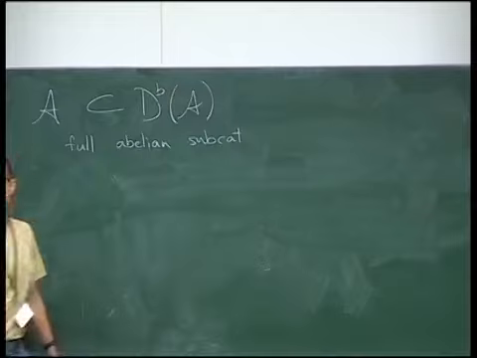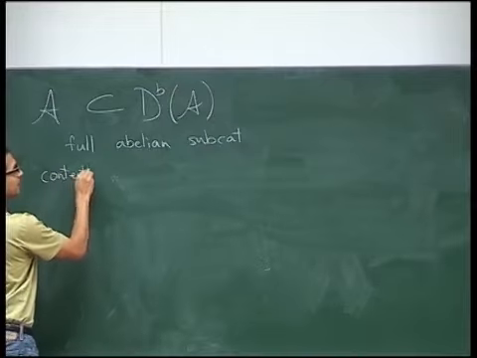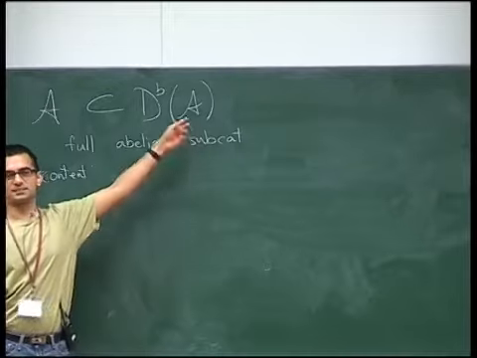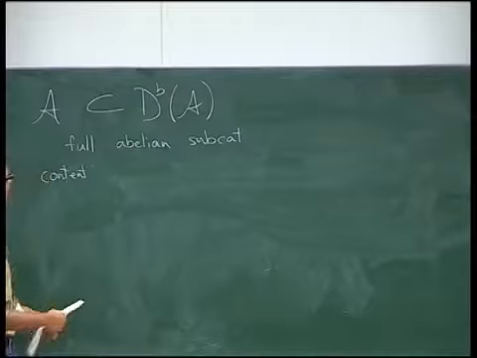And this statement has a bit of content. The content is that morphisms in the derived category are something quite complicated that we had to spend some time thinking about.